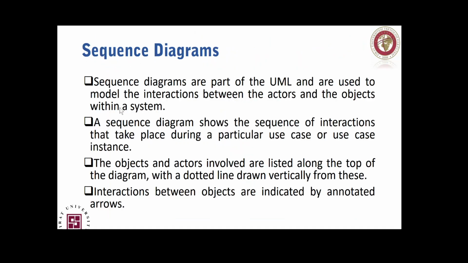Actually, it's a part of UML as well. It shows the interaction between the components, the actor, and the system while processing the activity from the actor, or the action taken by the actor, until it reaches its destination. It shows the interactions between the components, one by one, in detail.